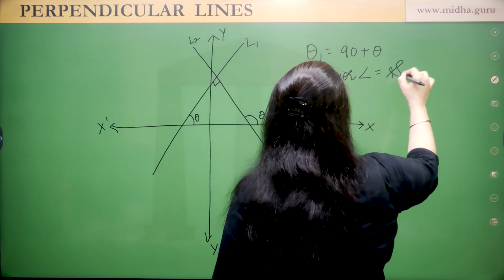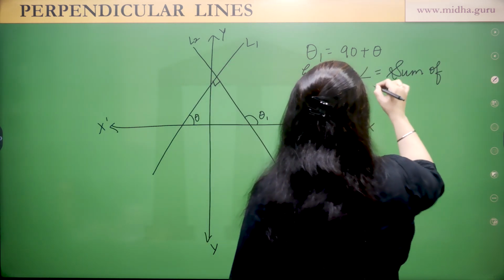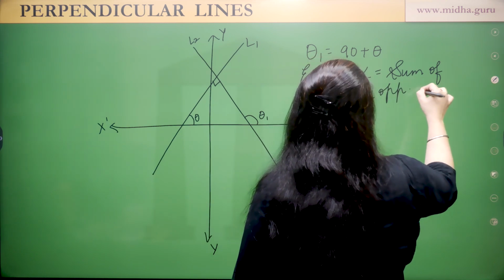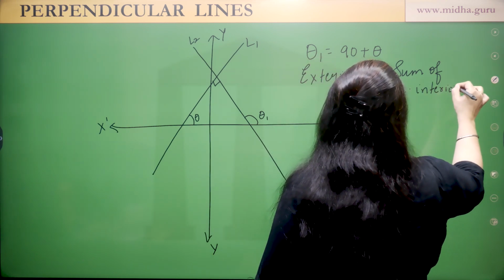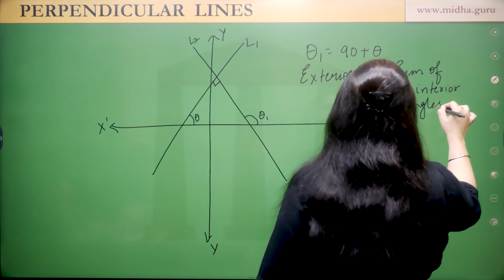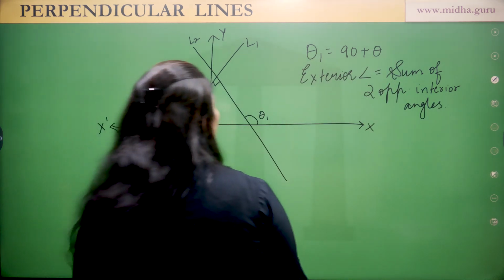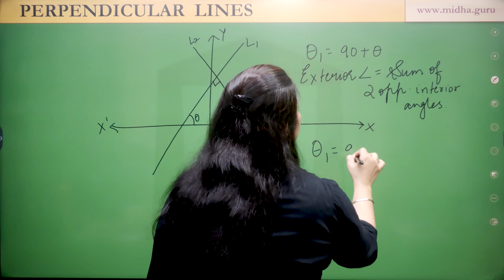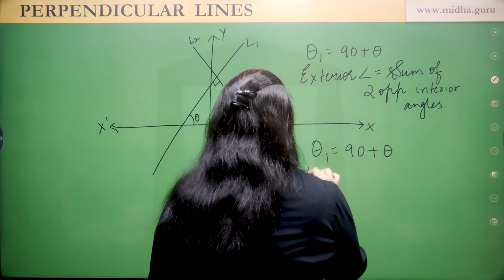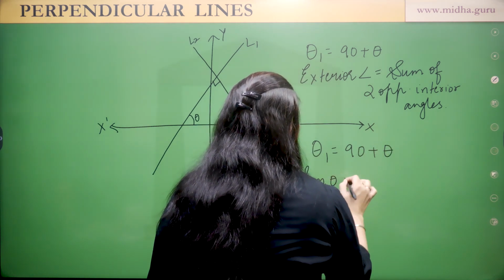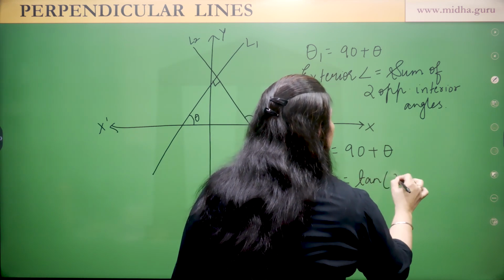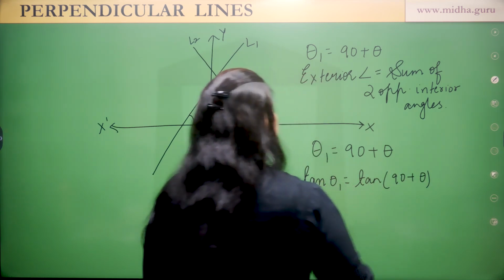This is the exterior angle, which is equal to the sum of two opposite interior angles, right? Now, this is the equation which I've got. On both the sides I've applied tan.